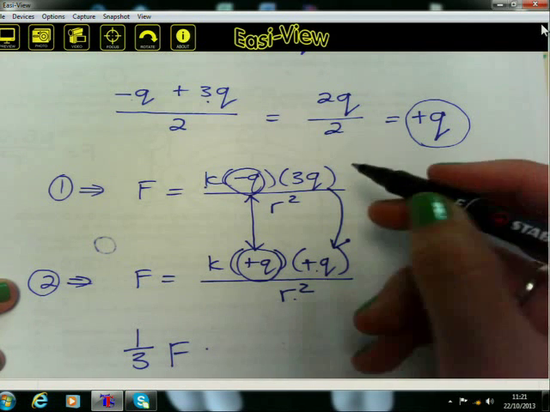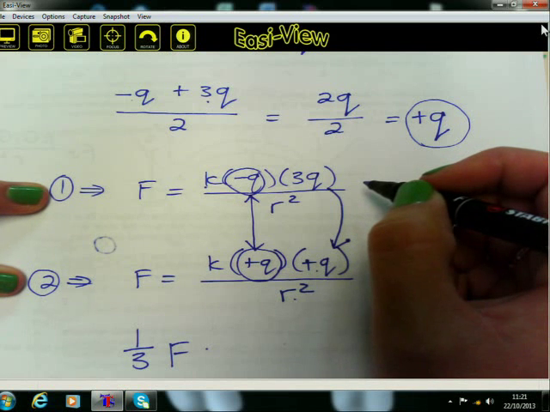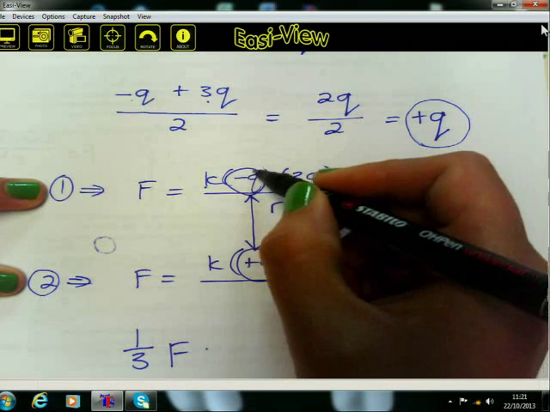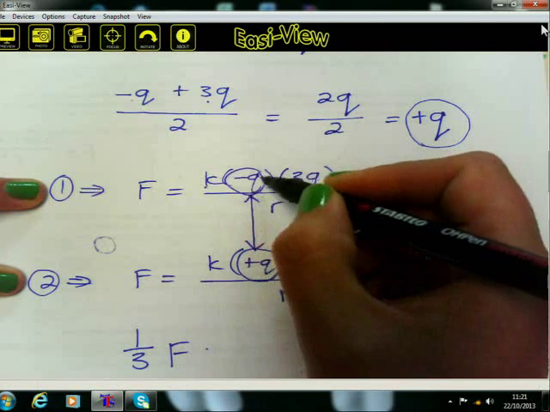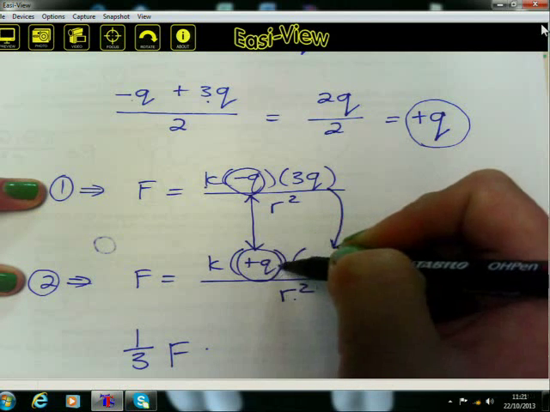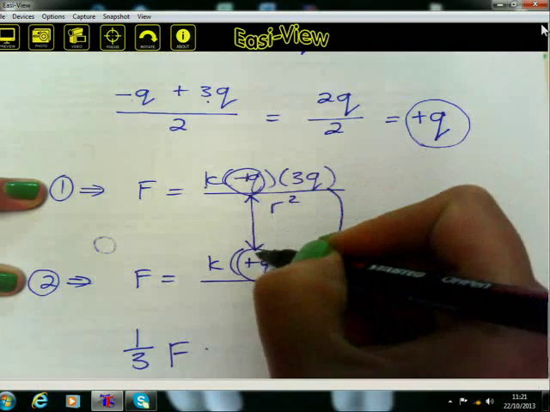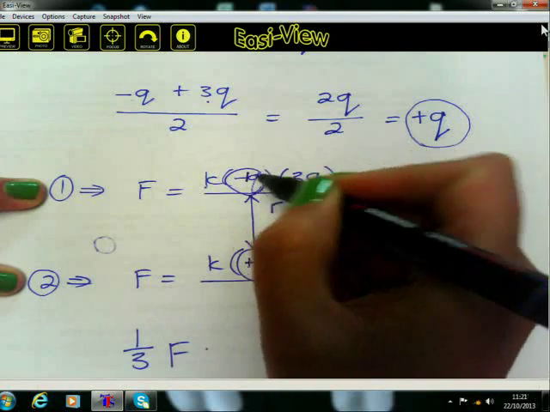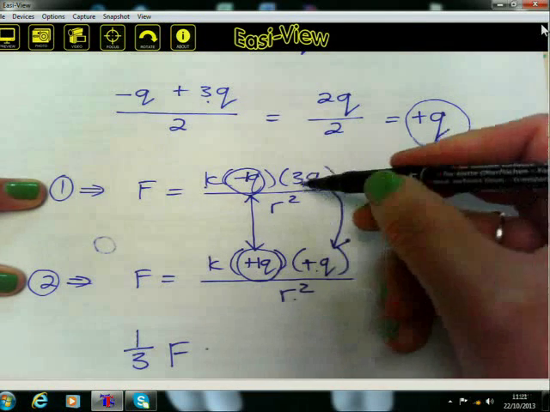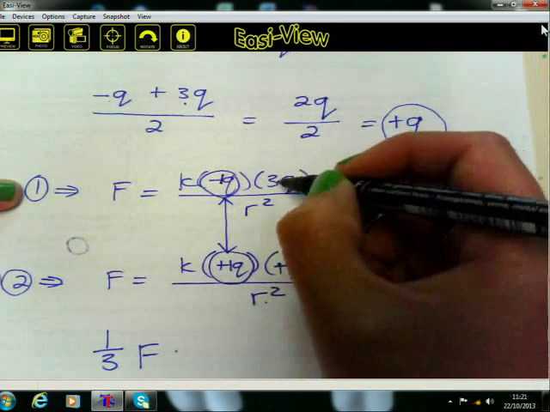Now how does it compare? How does expression 1 and expression 2 compare? Expression 1, first q had a value of 1q. Second one, first q has a value of 1q. No change there. No change in magnitude there. 1q, 1q. What is the change in magnitude of q2?